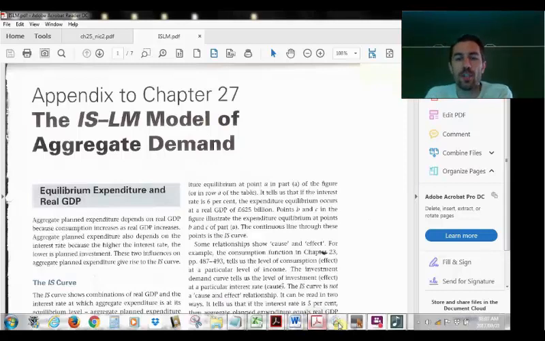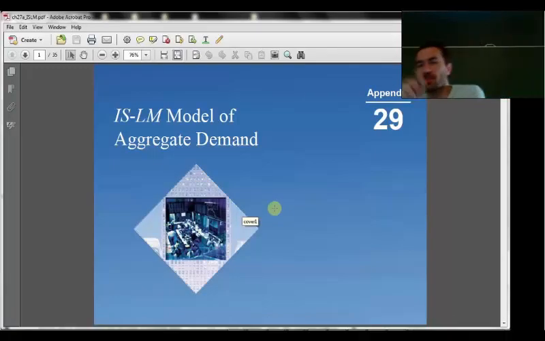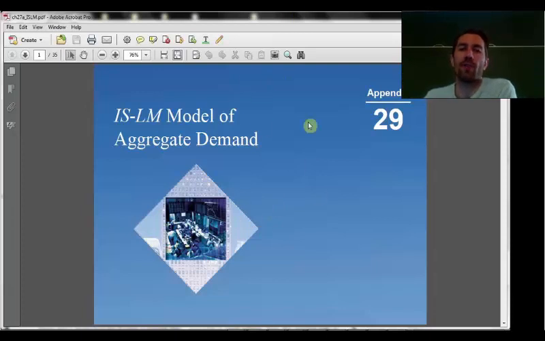I did mention to you as well that in some other version of this textbook, it wasn't chapter 27, it was chapter 29, and there were slides for the ISLM model from the chapter 29 appendix from that previous version of the textbook. So what I've got here are those slides, and we will work from these slides as the basis, and then I'll upload them onto Sakai so that they are there for you as well.